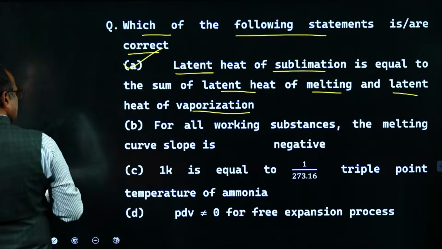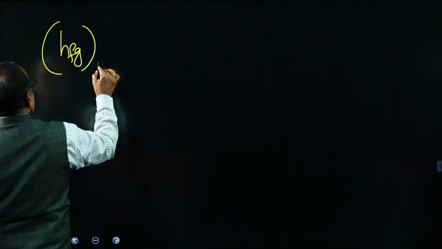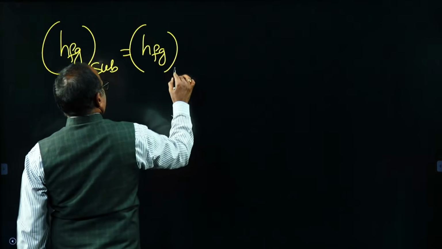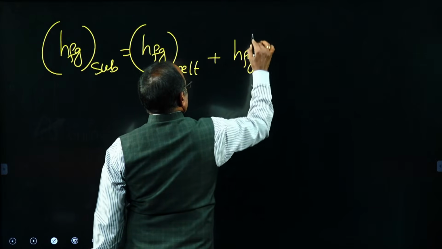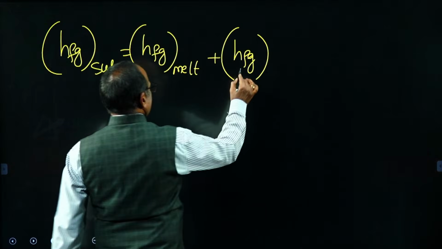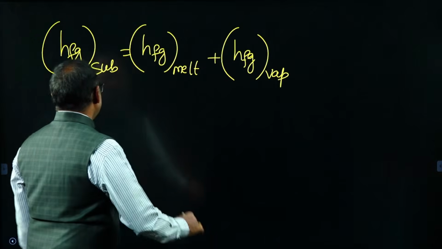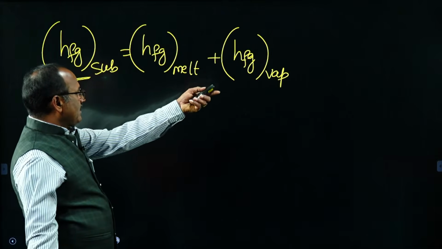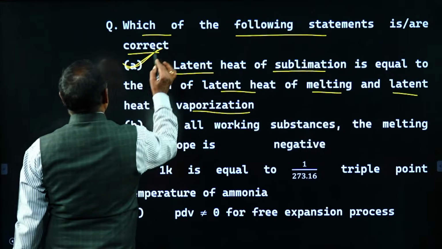That is why h_fg for sublimation is equal to h_fg of melting plus h_fg of vaporization. That is why the h_fg of sublimation is more than h_fg of vaporization or h_fg of melting. Anyhow, this statement is absolutely correct.